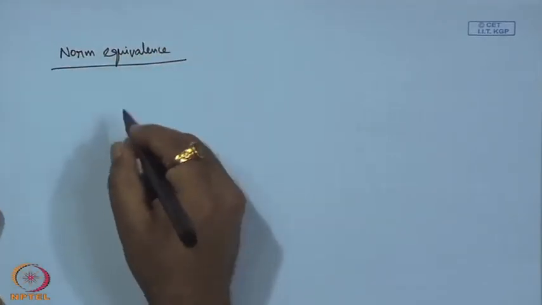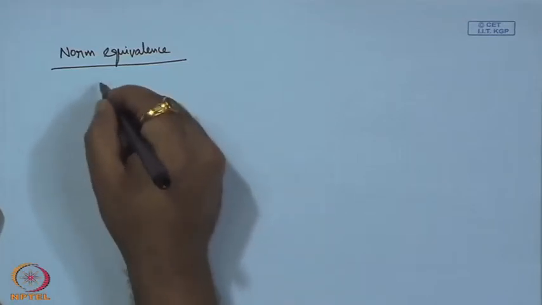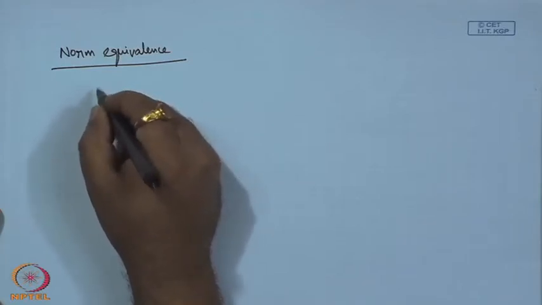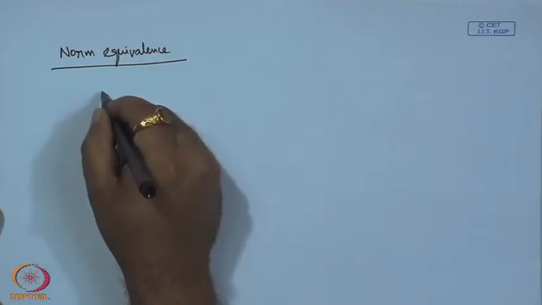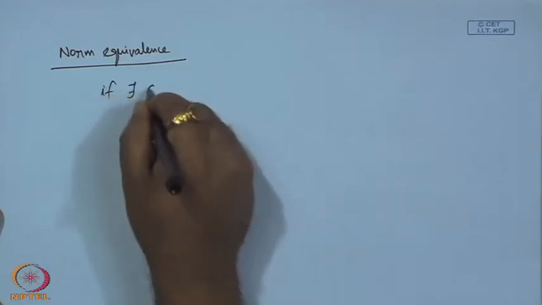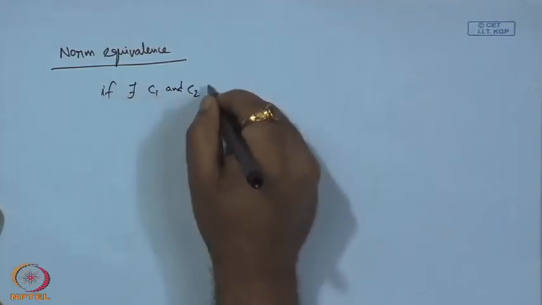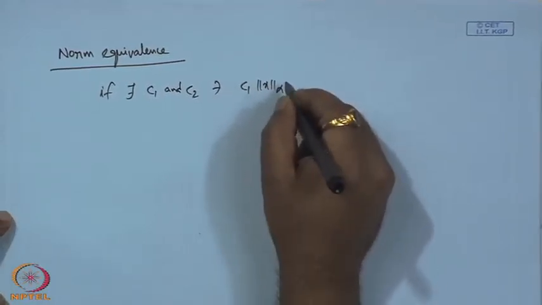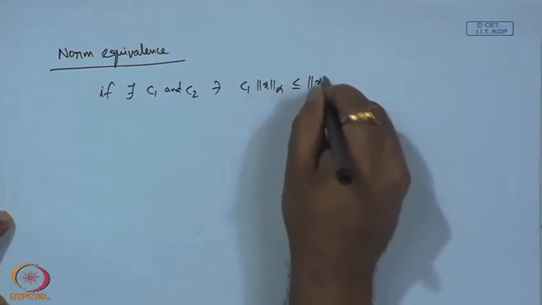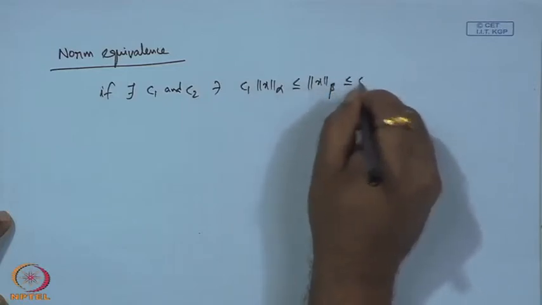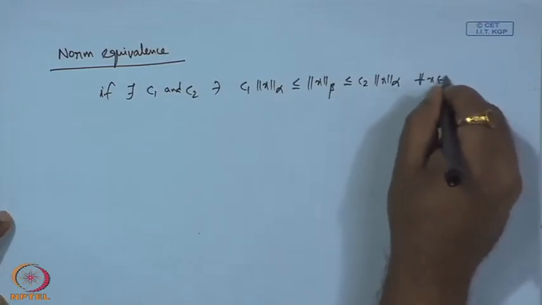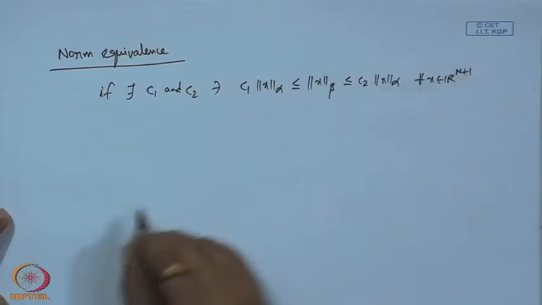So, this is one issue, and the other issue is norm equivalence. So, the standard definition is two norms are equivalent in the sense if there exist constants C 1 and C 2 such that C 1 times one norm is at most the other norm, at most C 2 times the first norm, for every x belonging to the corresponding space.